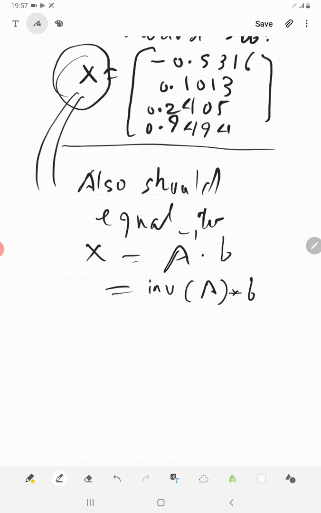If you like, this is a 4 by 4 matrix, and you can make it a 5 by 5 matrix. Then B will have 5 elements, so you add another element. Modify the program this way: the initial step is the same, but instead of L equal I4, you make it L equal I5.